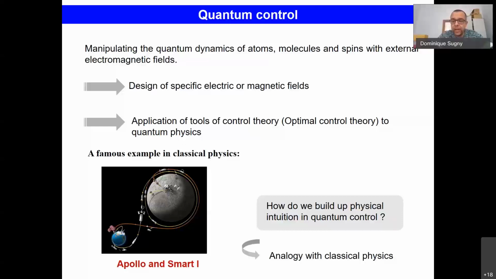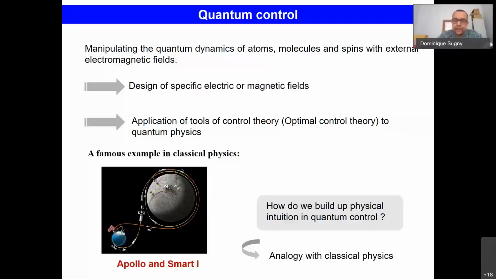And one question that we can ask as a physicist, because it's also very important to know the time evolution of a control field, but also to have a physical understanding about the control mechanisms, is how we can build up a physical intuition about the quantum control, or about the mechanisms we use during the control process.